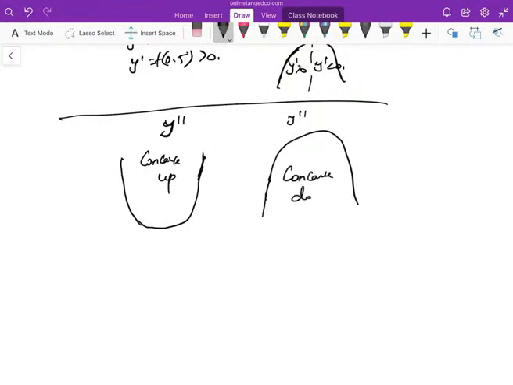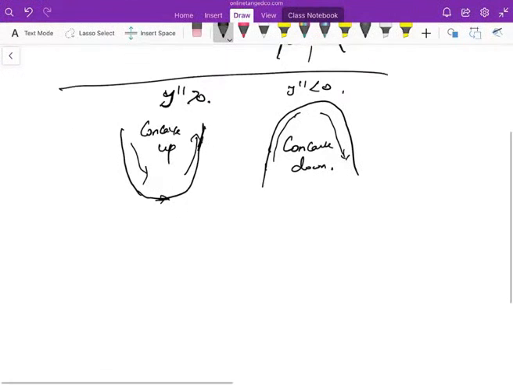If y double dash is positive, the function is concave up, which means you will get a minimum value: the function is decreasing, then increasing. If y double dash is negative, the function is concave down: it is increasing, then decreasing. This is the information we get from the second order derivative.